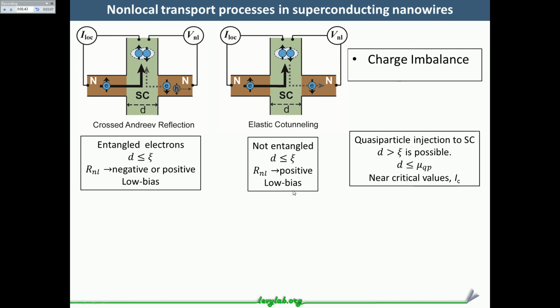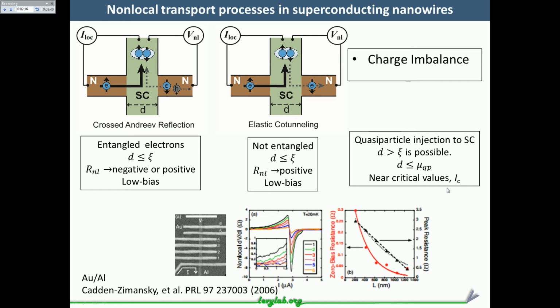The third process is charge imbalance, where at the interface, quasi-particles are injected into the superconductor and they have a finite length scale. This creates a chemical potential and can give you a finite non-local voltage. Charge imbalance, rather than happening near zero bias, generally happens near critical values, for example near critical current or critical temperature.